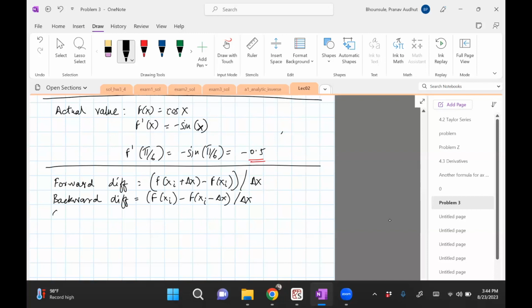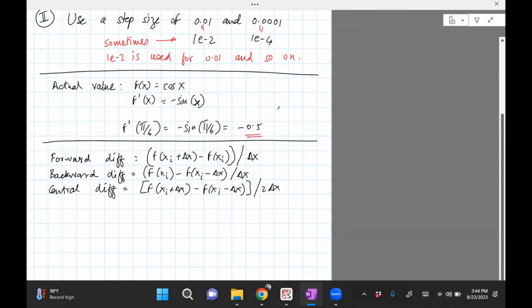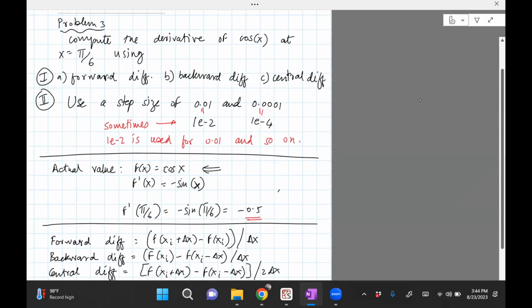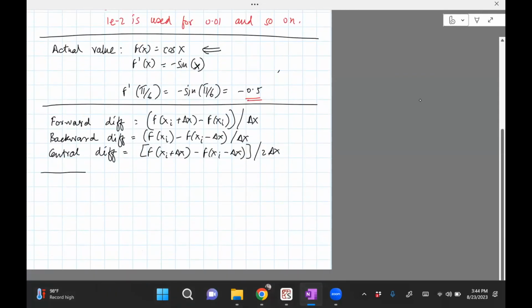And then the central difference formula. Using f of x equals cosine of x and two different step sizes, 0.01 and 0.0001, we get the following results.